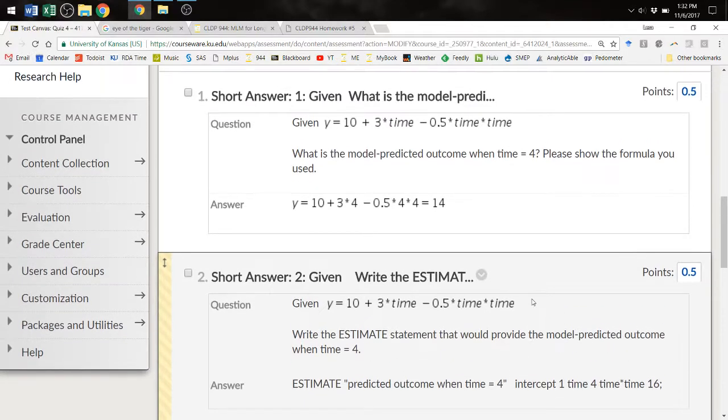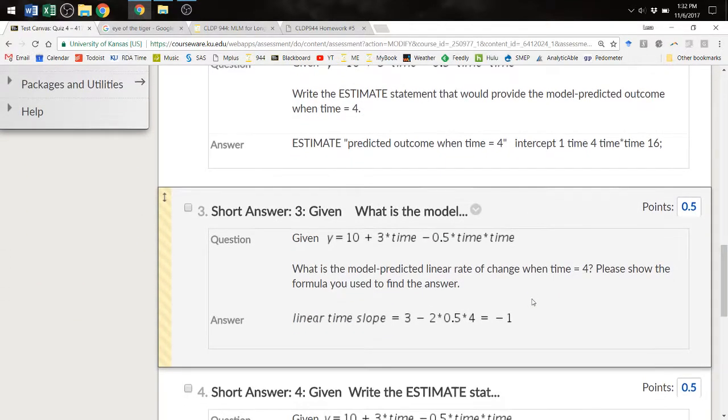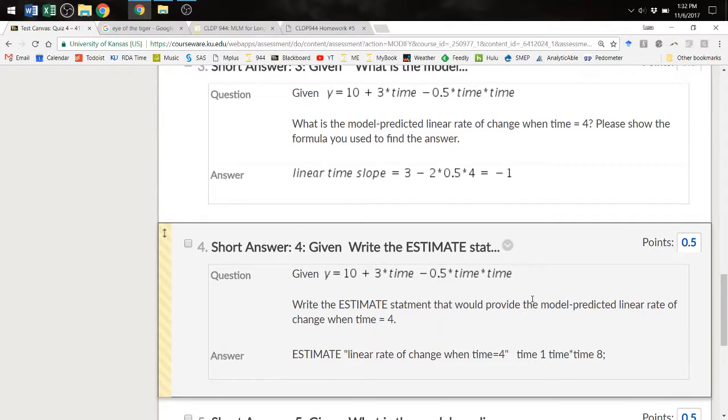All right. Now the trickier ones. What is the model predicted linear rate of change when time equals 4? We forget the fixed intercept because that has nothing to do with what the linear effect of time will be at any occasion, and we focus only on this part. The linear effect of time at time 0 itself would be 3.